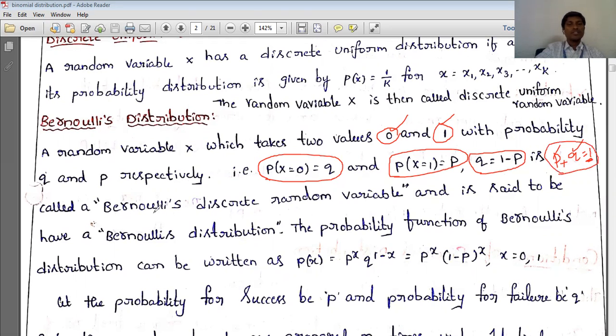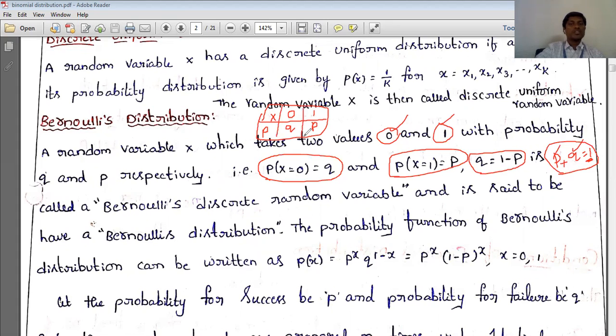So it is called a Bernoulli's discrete random variable. It means suppose we are taking x values 0 and 1, and the probabilities are q and p. Okay, we constructed a discrete probability distribution table, X values along with their respective probabilities.